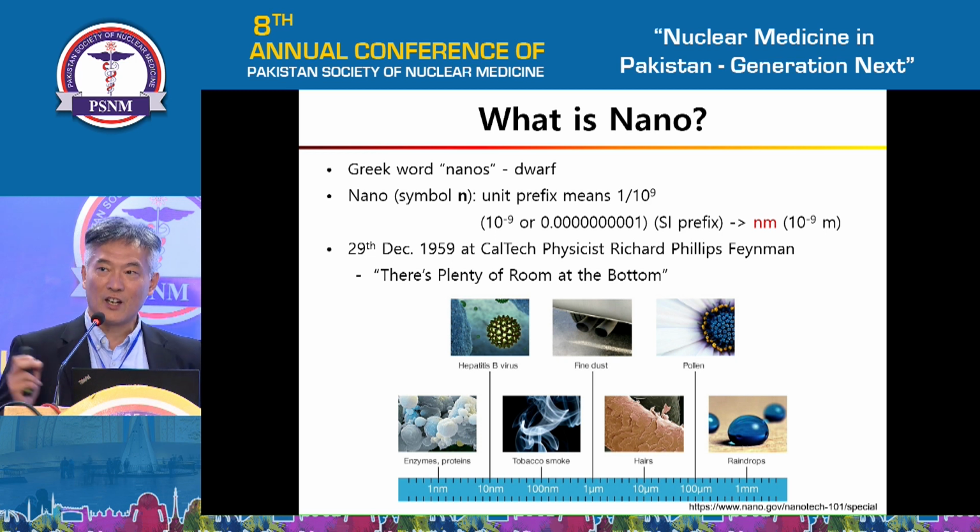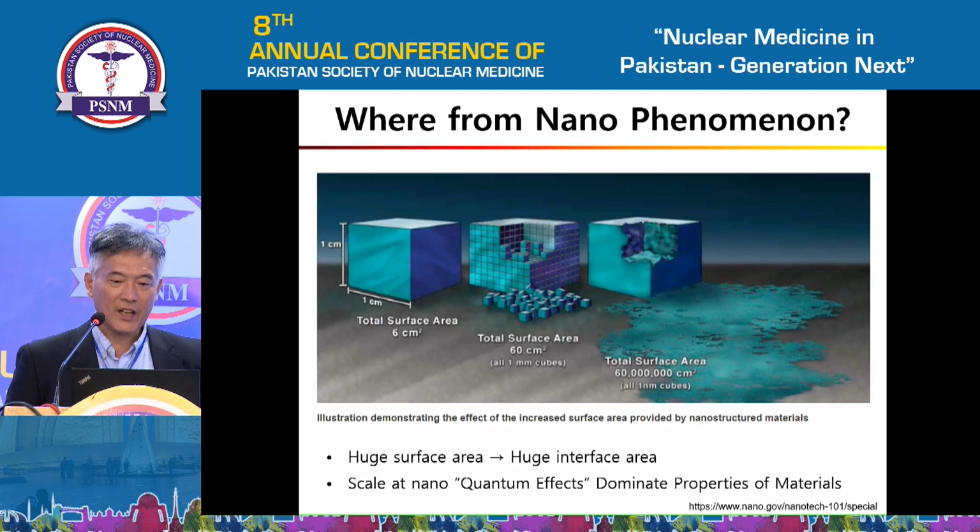So that means we can magnify some material into the nano size that has some kinds of different phenomenon in the field of research. So you can imagine just one cubic centimeter material is divided into many small pieces, then that can possess a high surface area.